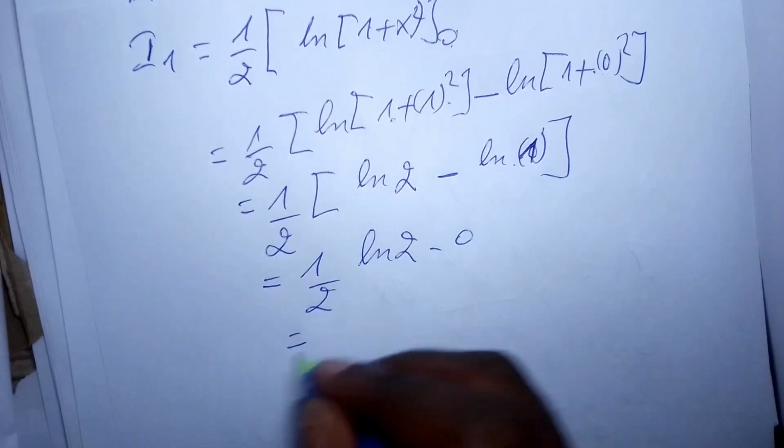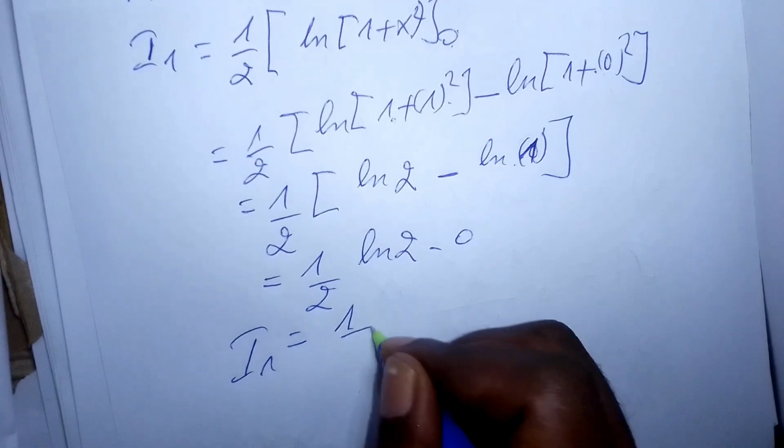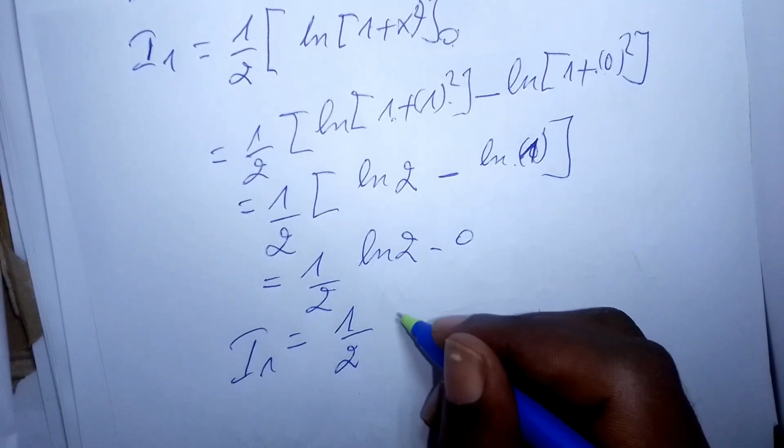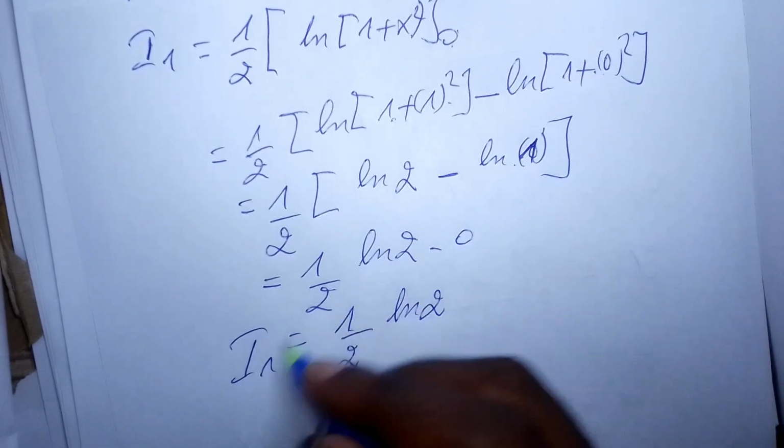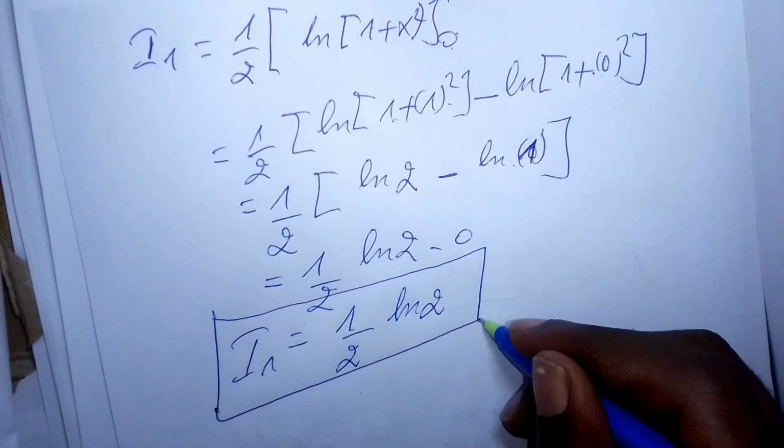So I1 equals 1 over 2 ln of 2. That is I1.